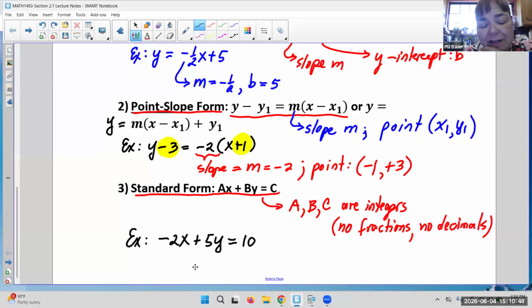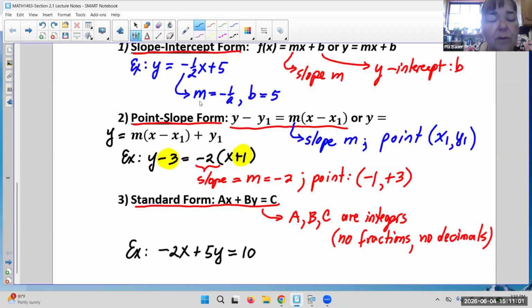But you're going to find out soon that it's very common that they give you the equation of a linear function in this format, and then they ask you to write it in slope-intercept form, or to find certain points on the graph. It's just a very common way of expressing linear functions, even if it's not our final answer for a linear function.